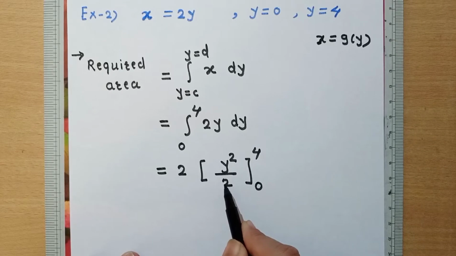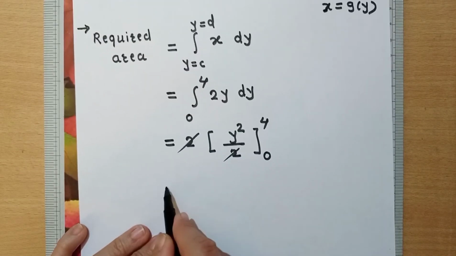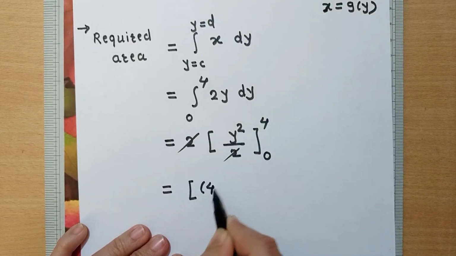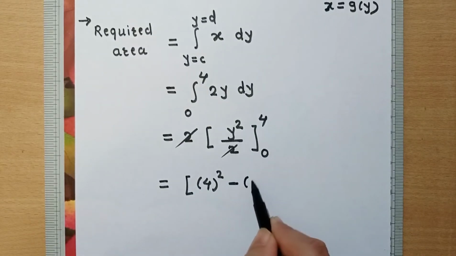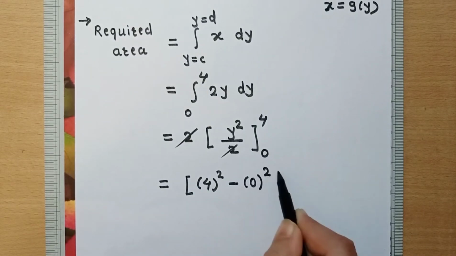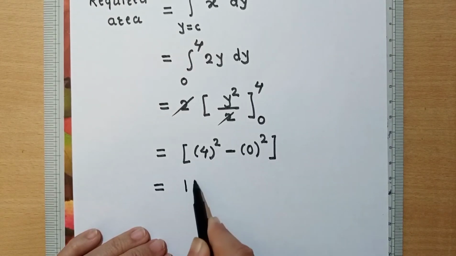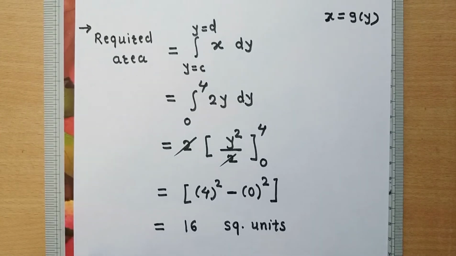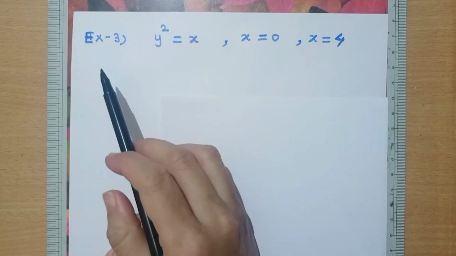Again if we take this 2 outside, this 2 gets cancelled, and again we substitute the upper limit first, so 4 square minus, then substitute the lower limit 0 square, and this is 4 fours are 16, square units. This is the answer of this example. This is our third example.